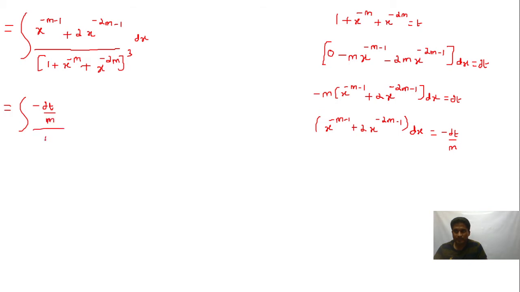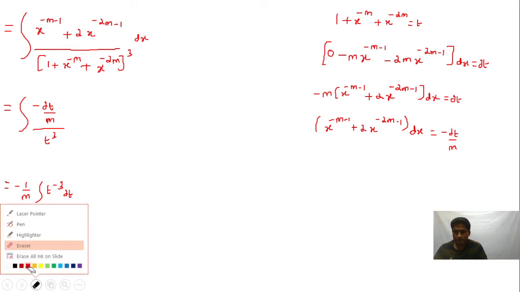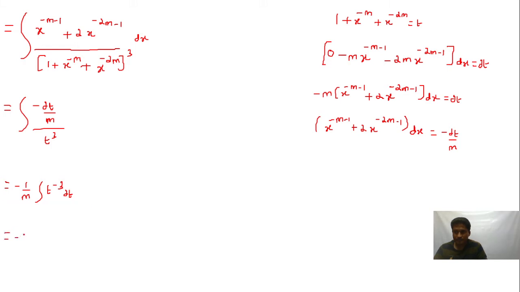And then divided by t cube. So this is minus 1 by m, I take this as t to the power of minus 3. So this is minus 1 by m times t to the power of minus 2 divided by minus 2, and plus c.